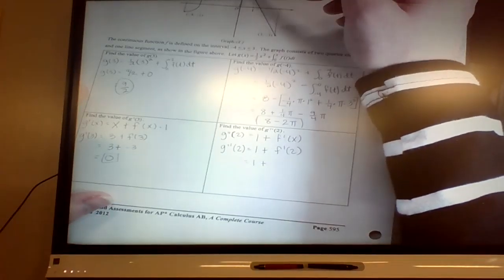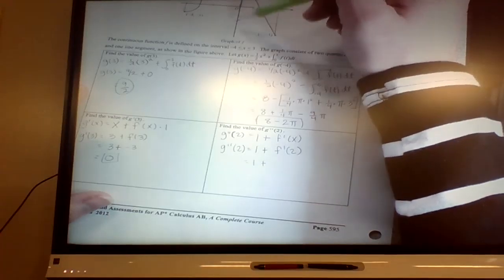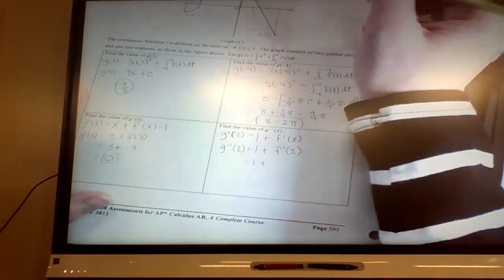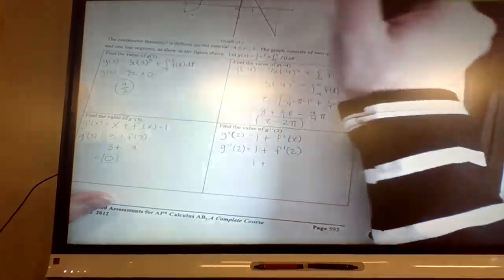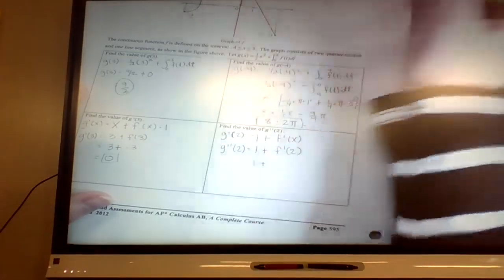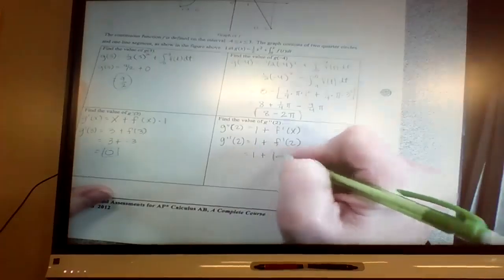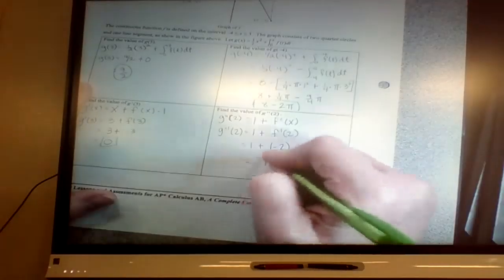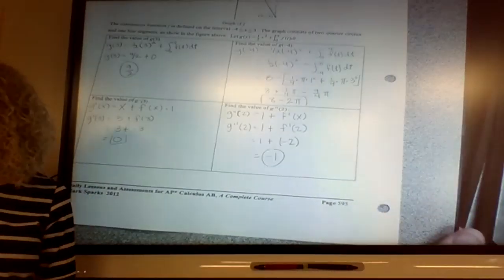So probably from here, 1, 2, 3, 4, 5, 6. You went down 6, and you went over 1, 2, 3. So my slope is negative 2. Negative 1.